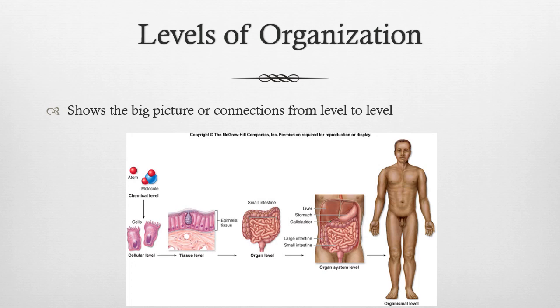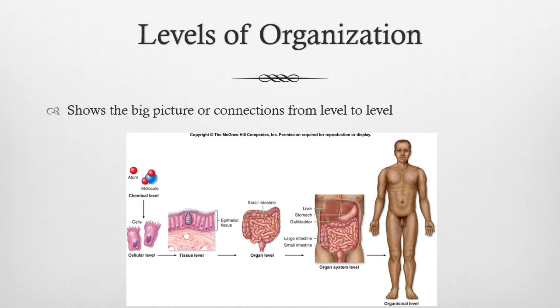When we look at the organization of the body, going from smallest to largest, we have the entire organism. We can start with the entire organism and begin at that point, or we can begin by looking at the individual cells.